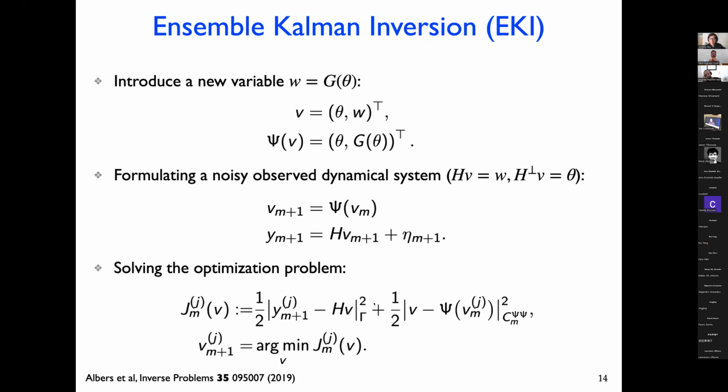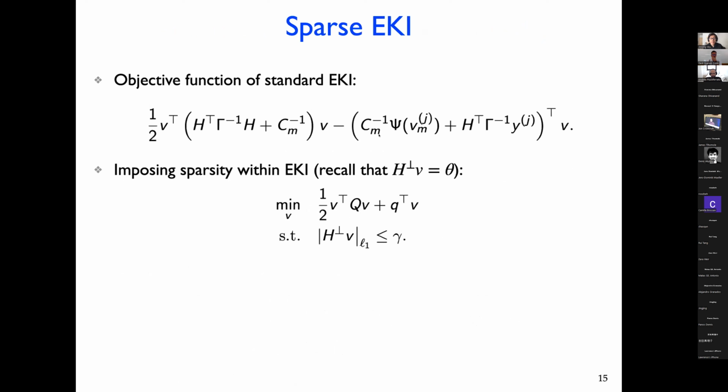As we can see, after formulating the optimization goal explicitly, for each EKI updating step, the equivalent optimization problem is convex with respect to the augmented state V. If we rewrite the optimization objective a little, we get the more standard quadratic programming form of the objective function for the updating formula of each EKI step.